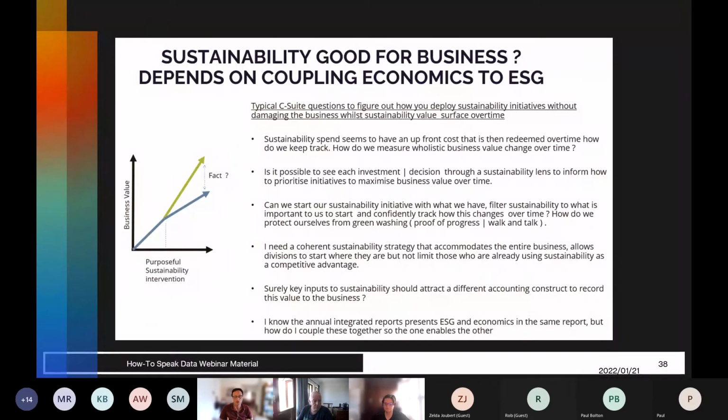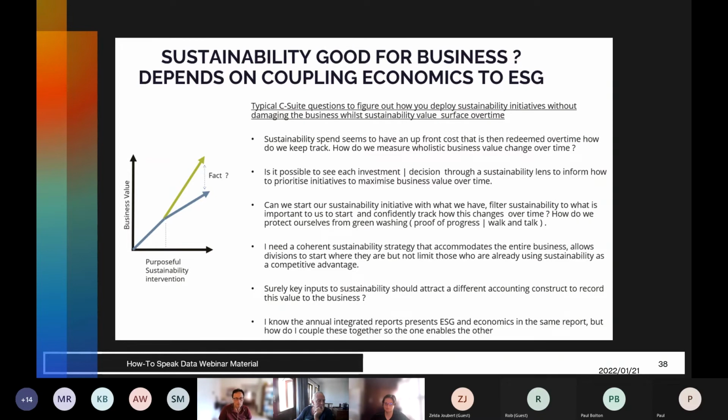The CEOs are grappling with questions, and we decided that we're just going to touch on two of these each week. And this week we're going to touch on the middle two, which is the C-suite question: can we start our sustainability initiative where we are? Please don't tell me I have to do 100 things that are going to cost $1 million, and then all of a sudden, only then can I start.